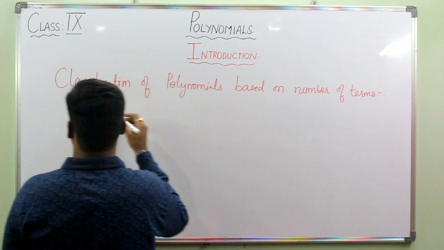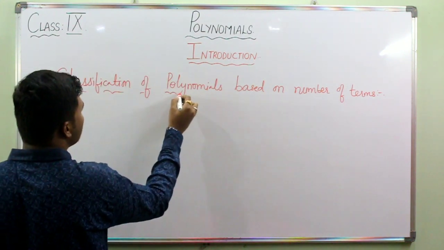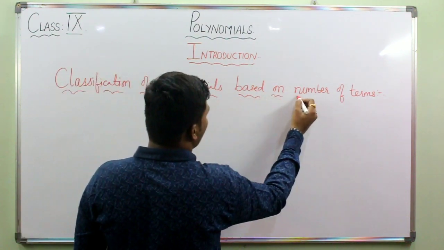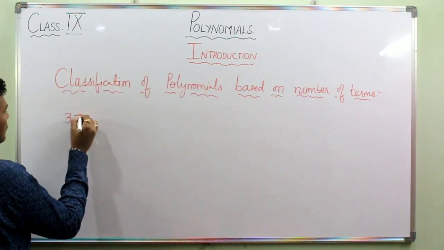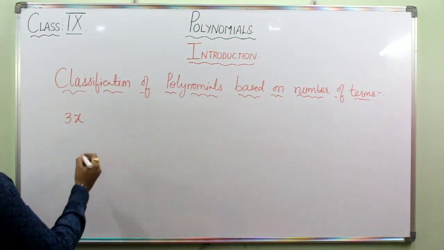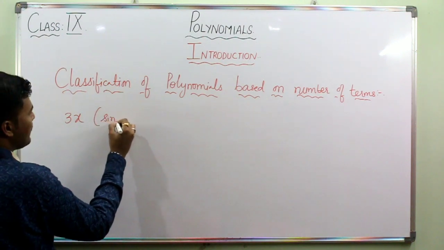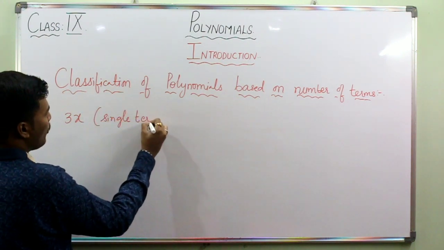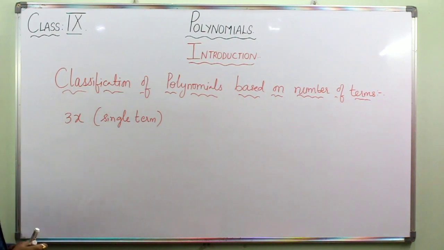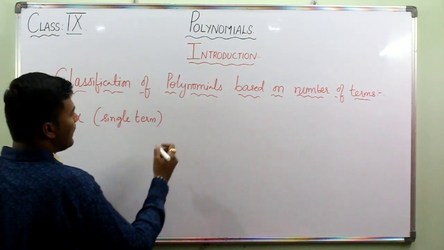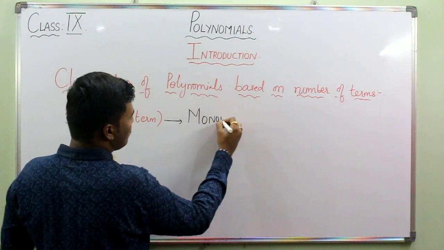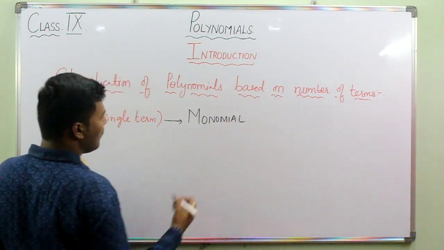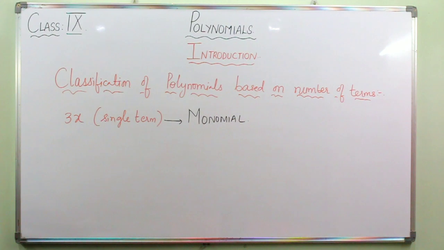Suppose I have only a single term, that is 3x. If I have only a single term in a polynomial, then it is called a monomial. Mono means 1. Hence it is called a monomial.